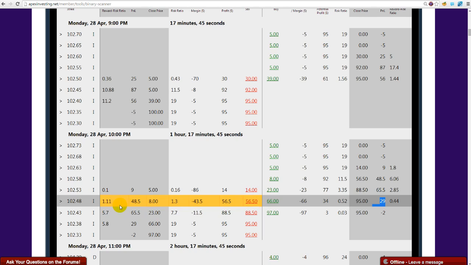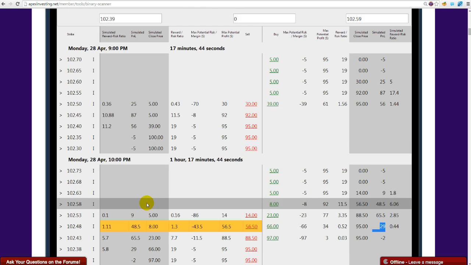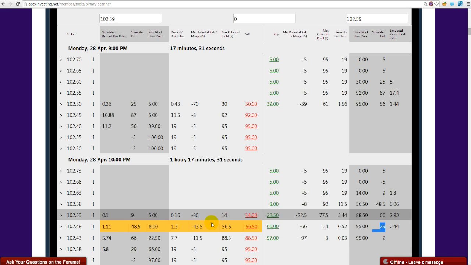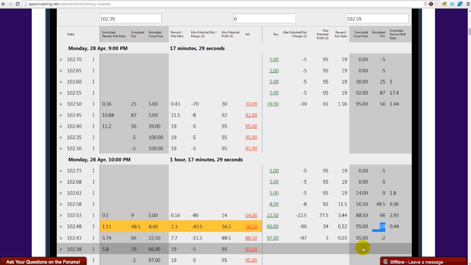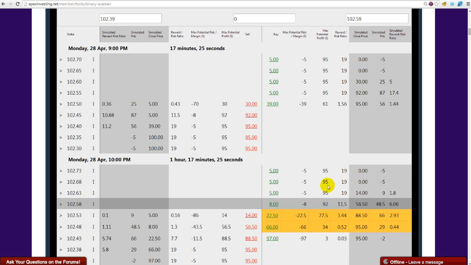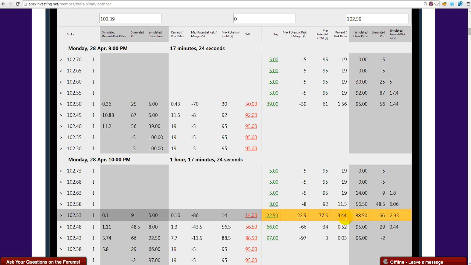Right here, if it moves down 10 ticks, it's telling you you'd make 48. That's just a 10-tick move. That's awesome. So at the money can actually have quite a bit. Now, that can be good and bad for you, right? Because it could go against you in ticks. So you might decide, well, I really like that, but I like this even better. If it's faster, obviously the return is better here.